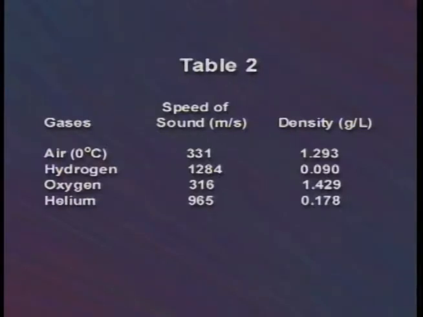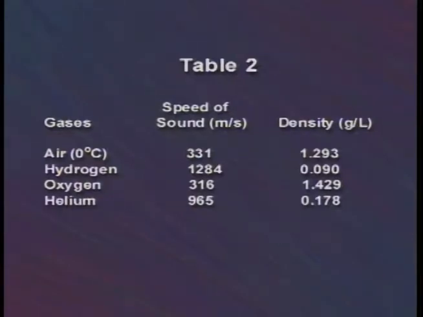The lowest speed of sound, 316 for oxygen, corresponds to the highest density, 1.429. The next highest value for the speed of sound, 331 for air, has a density of 1.293. The speed of sound for helium, 965, is related to a density of 0.178.